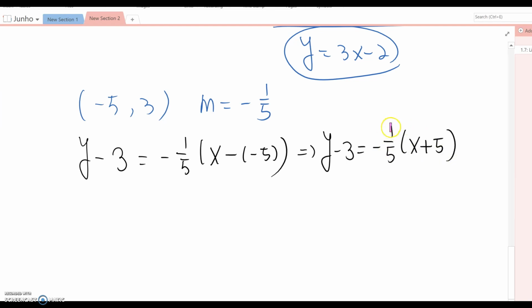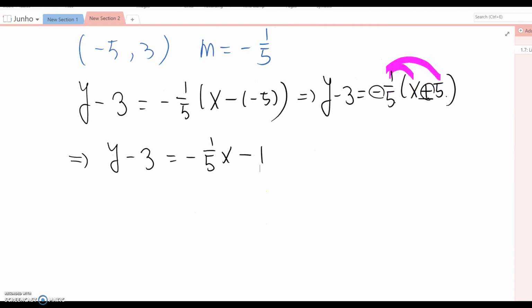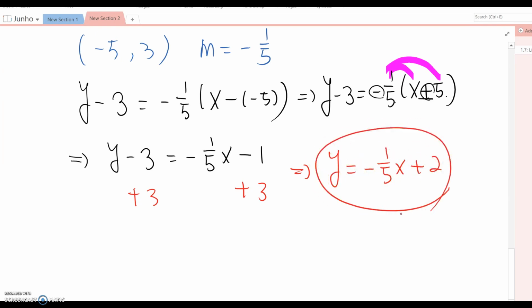Now we distribute the slope over the parenthesis. Then this is going to be y minus 3 equal to negative 105 x minus, because negative times positive becomes minus, 105 times 5, so it becomes 1. Now isolate y alone, so plus 3 on both sides. Then the answer becomes y equals negative 105 x plus 2. That will be the answer for this problem.